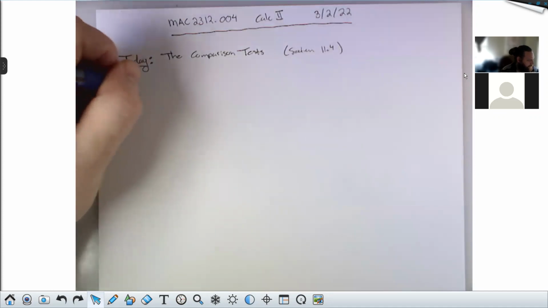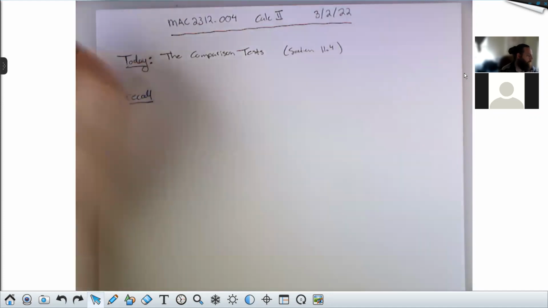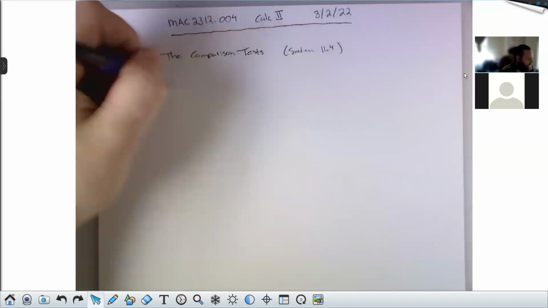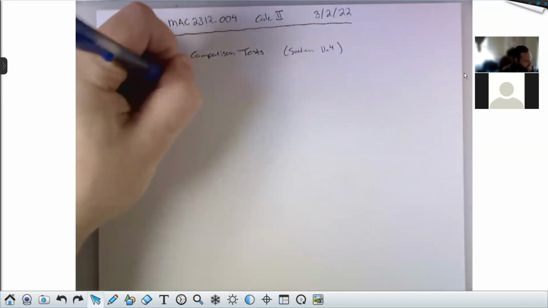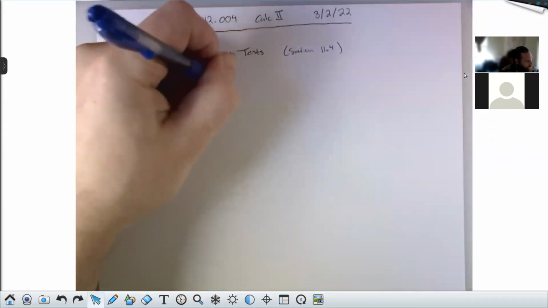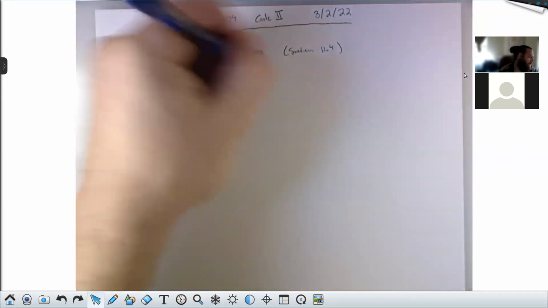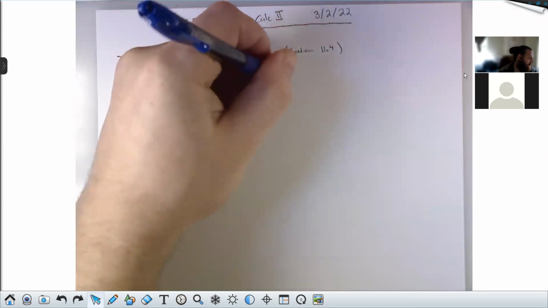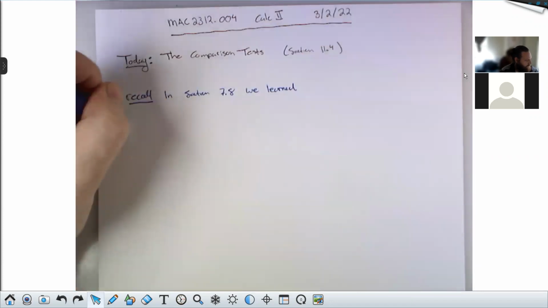Start off by saying recall. In section 7.8, we learned this theorem.